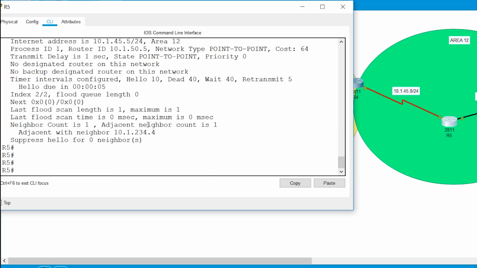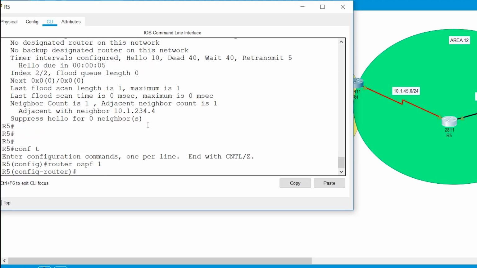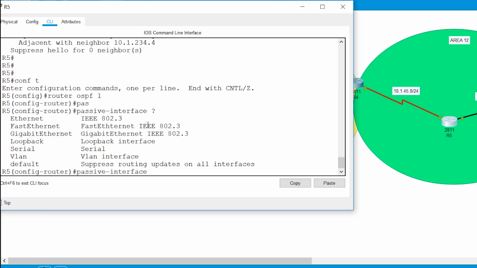Another way to do that is, let's say you have 20 interfaces, and 5 of them you want to be routed and 10 of them you want to be passive. So what you could do is use passive-interface default. You go here, config, router ospf 1, passive-interface default.